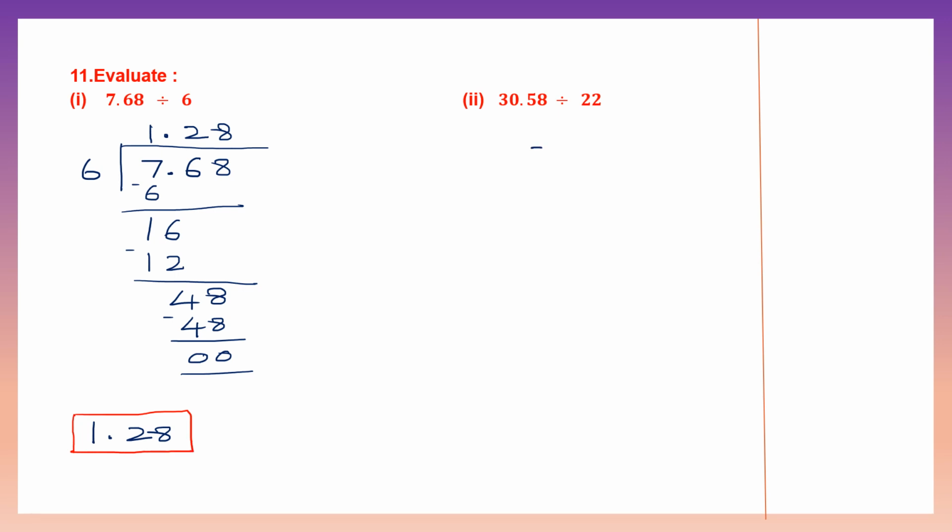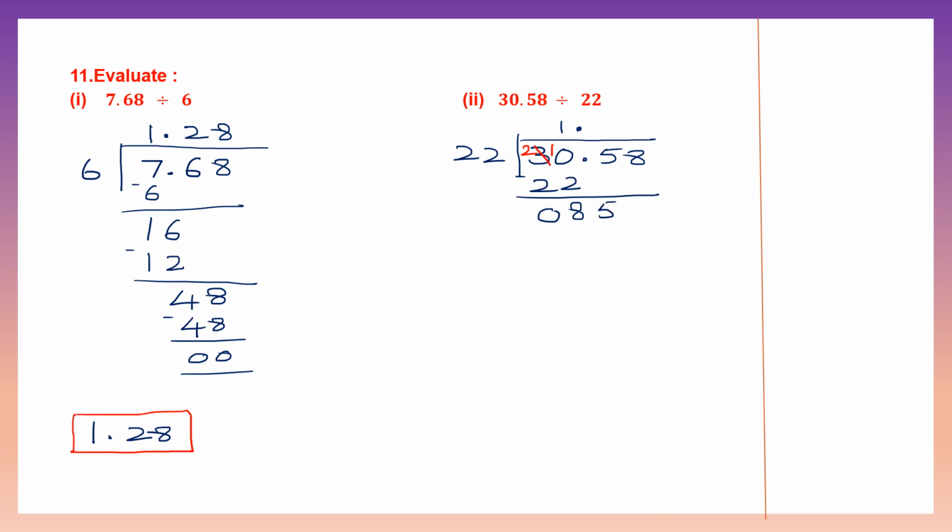30.58 divided by 22. So 22 ones are 22 minus, now here we need to borrow, so this becomes 2 and 10. 10 minus 2 is 8 and here 0. Now there is a point which we need to carry up. We bring down 5.